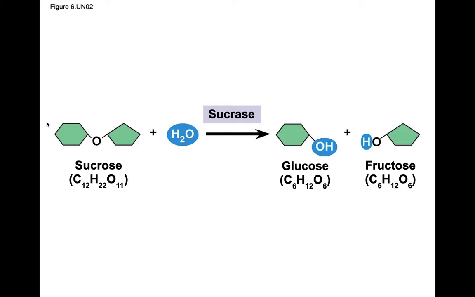For example, we can break apart a disaccharide, sucrose, with the enzyme sucrase, adding a water molecule to get a glucose and a fructose molecule. And remember, this is called hydrolysis, when we add a water molecule with an enzyme to split a larger molecule into smaller molecules.